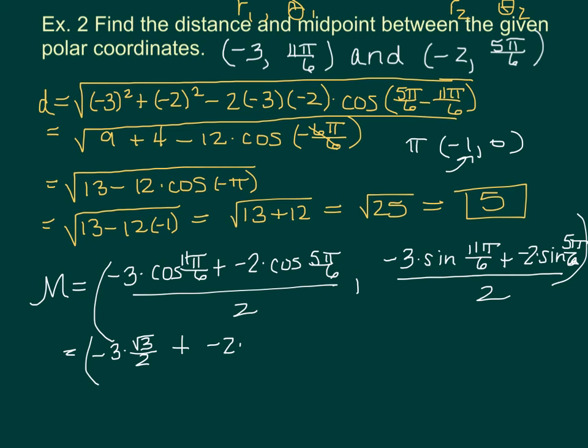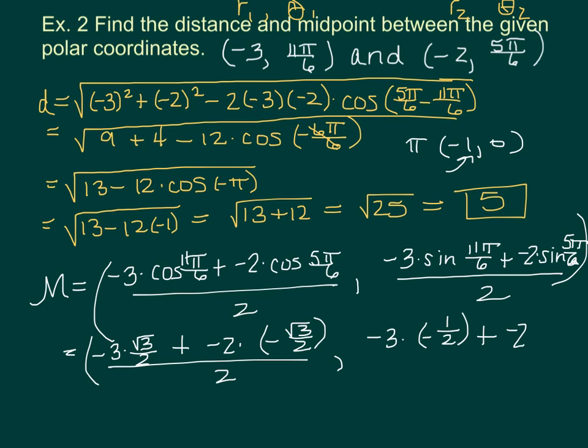Now 5 pi over 6 is in quadrant 2, so it's going to be negative. But it's still radical 3 over 2. And then my y-coordinate, I'm doing negative 3 times sine of 11 pi over 6. Now this one's negative because it's in the 4th quadrant. And this is going to be 1/2 plus negative 2 times sine of 5 pi over 6, which is also 1/2, but this time it's positive because that's in quadrant 2.